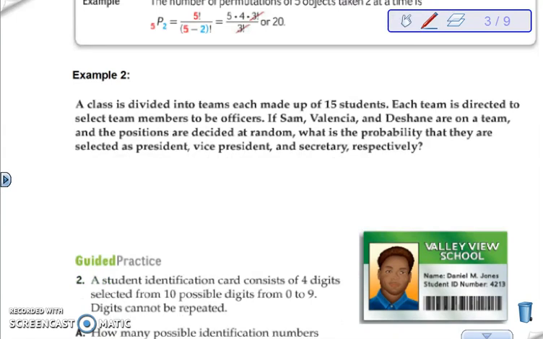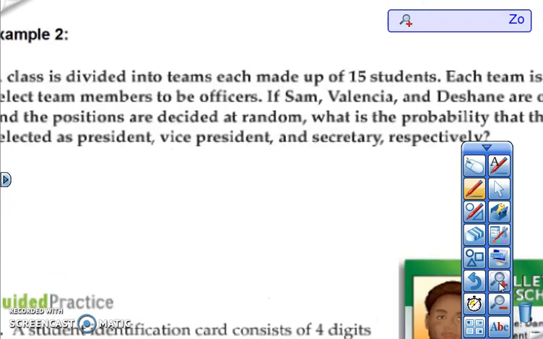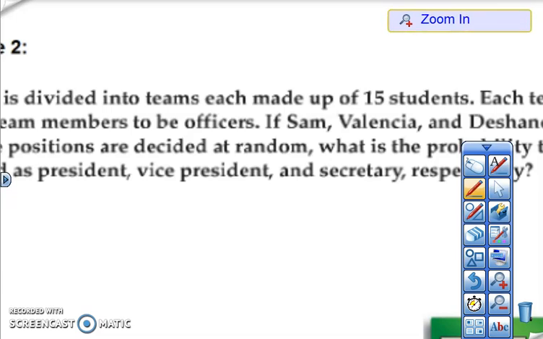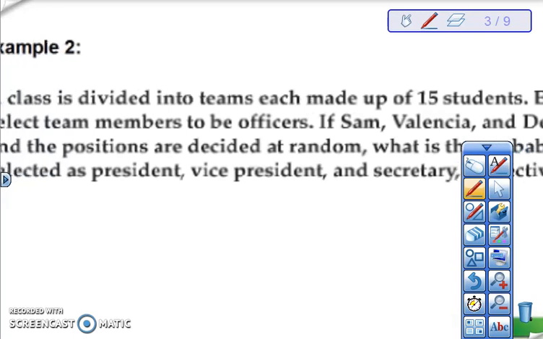We're going to take these 15 students and assign 3 jobs, right? 3 positions to these students. One of them is going to be named president, and then we're going to choose a vice president and the secretary. And we want to know the probability that Sam, Valencia, and Deshane are chosen for those 3 jobs.